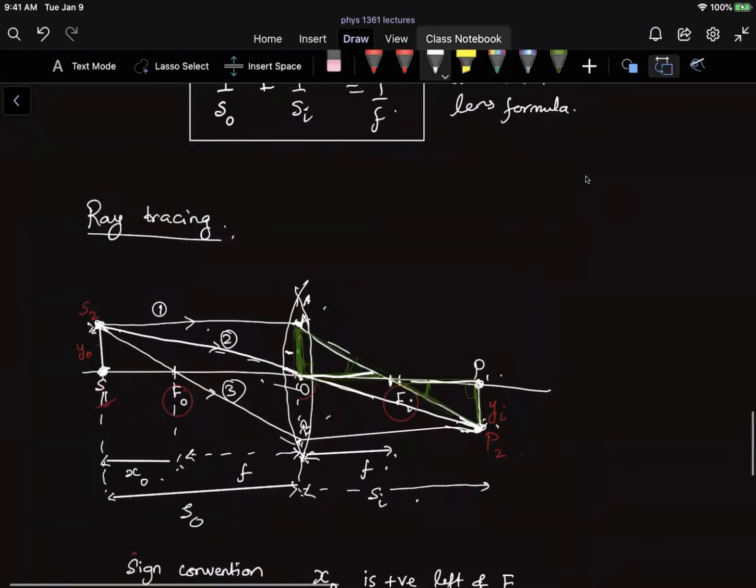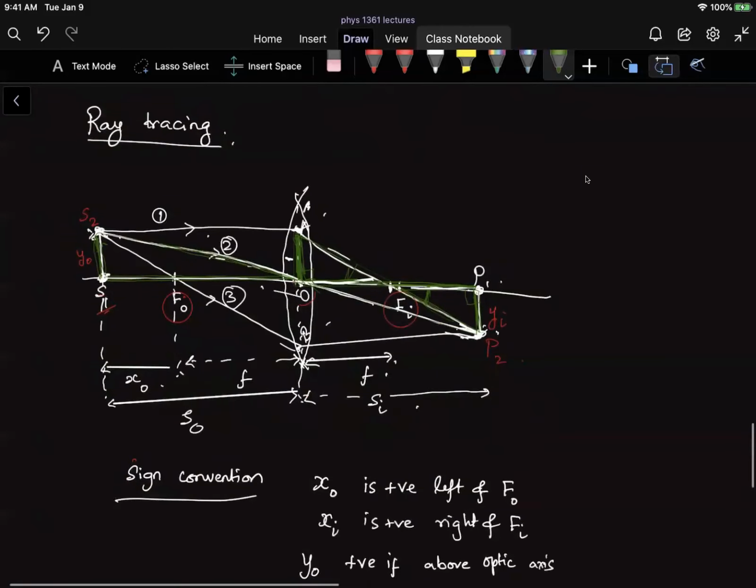Similarly, by the exact similar argument, I can look at this big triangle over here, all the way from the object up to the point O, and then similarly I can look at that triangle over there, which is all the way from the point O to the points P1 and P2.